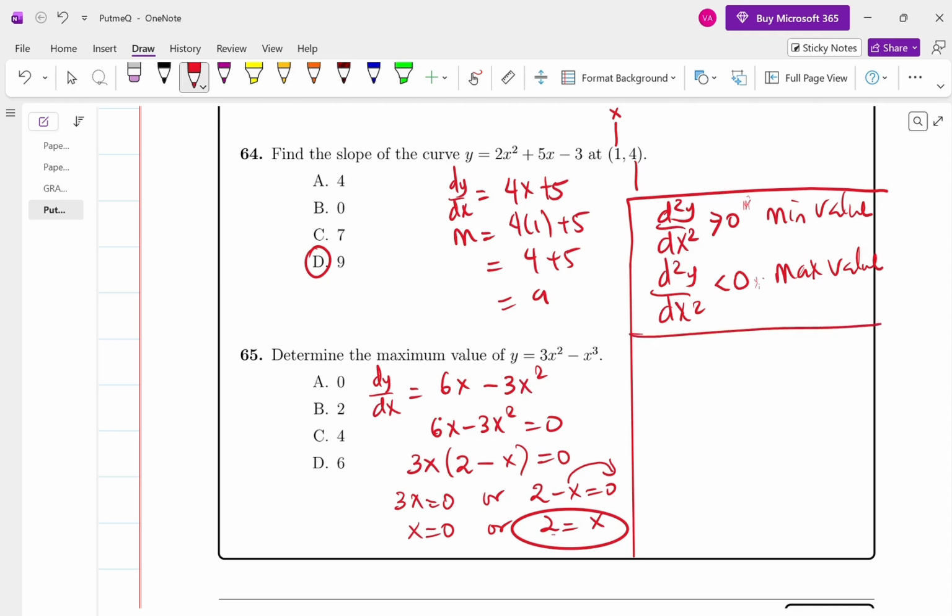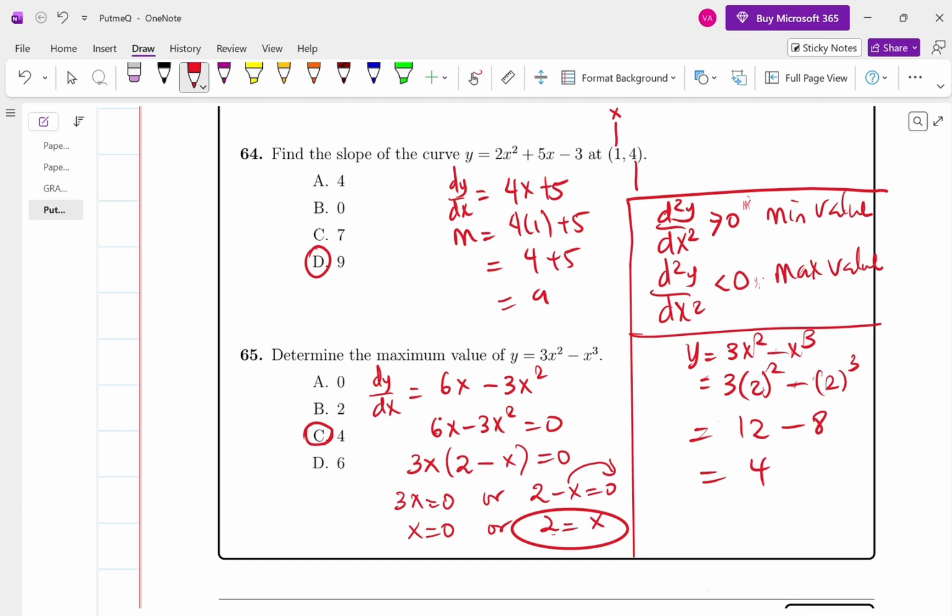So y is equal to 3x squared minus x cubed. This will be 3 times 2 squared minus 2 cubed. 2 squared is 4, times 3 is 12, minus 8. So that's going to be 4. So the answer for that question is C.